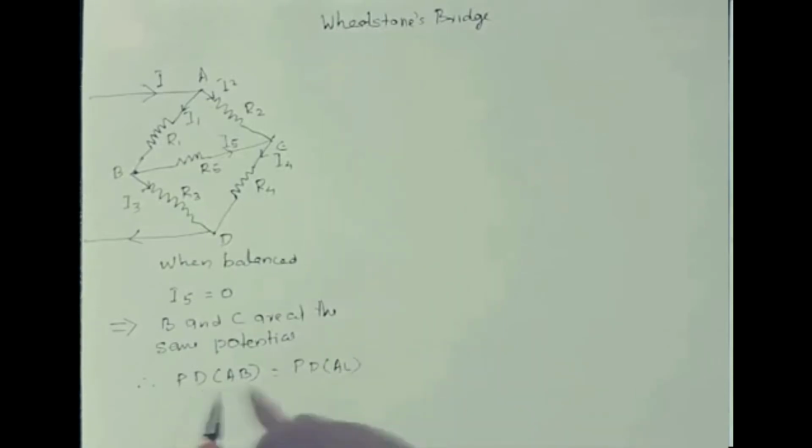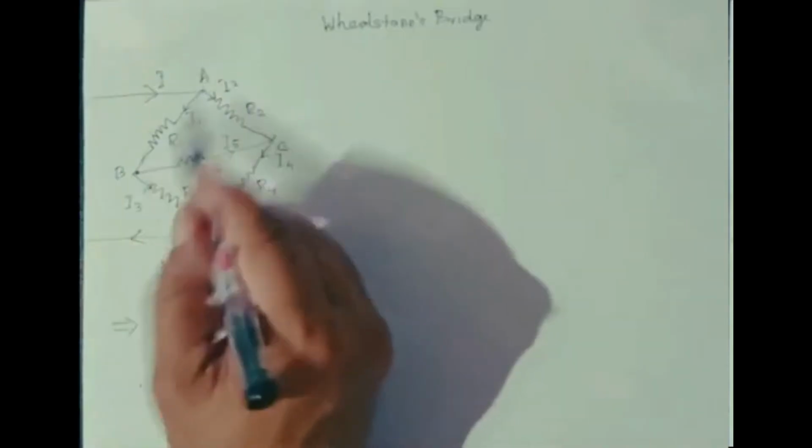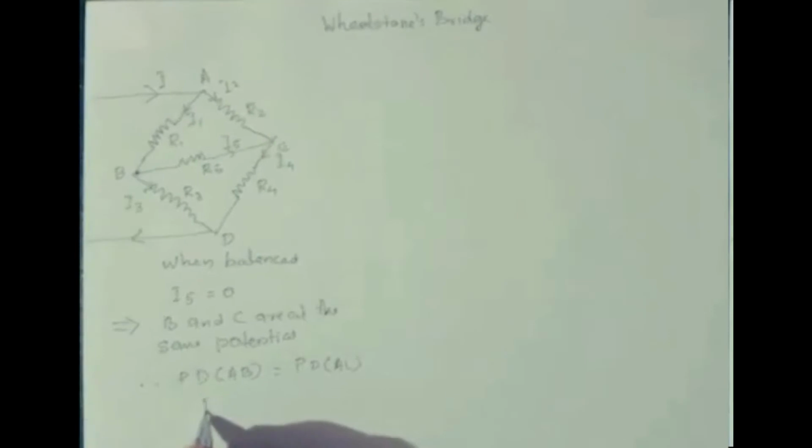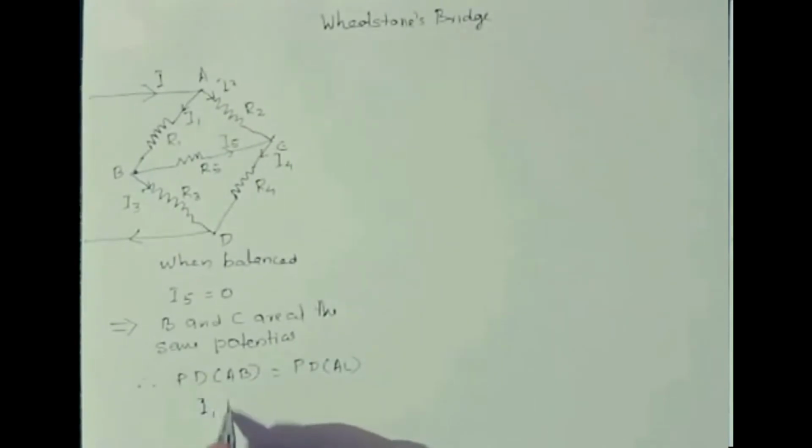What is the PD across AB? This is I1R1. I1R1 is equal to I2R2. Put as equation number 1.